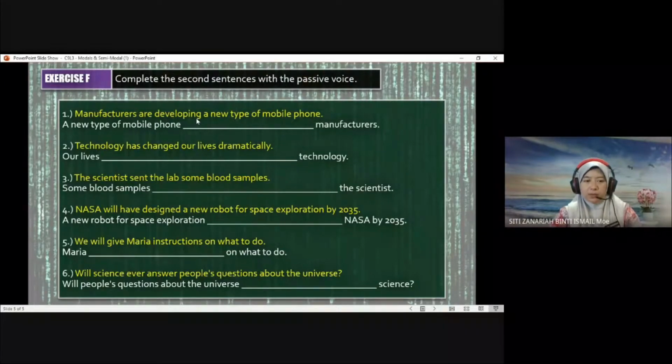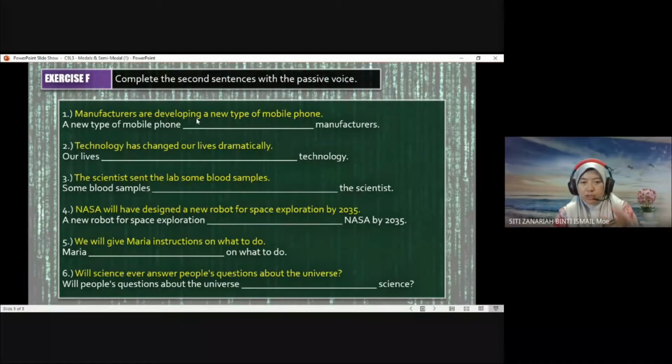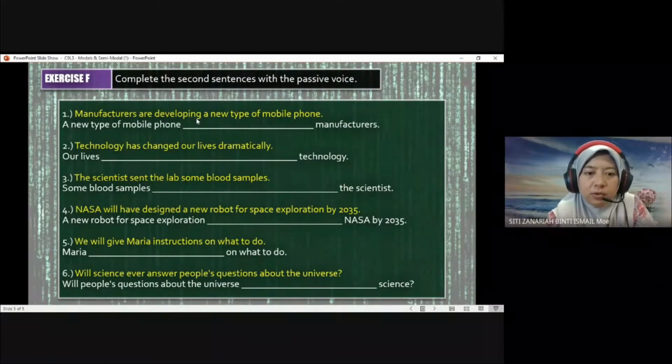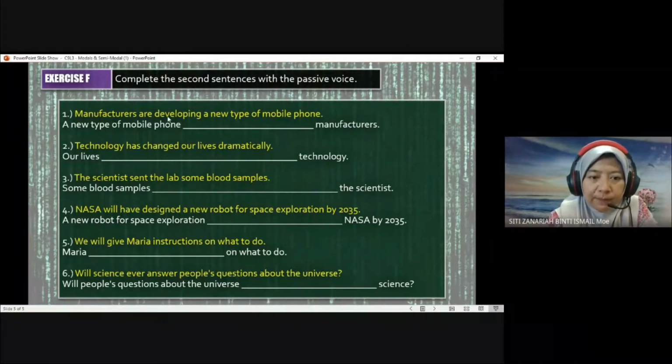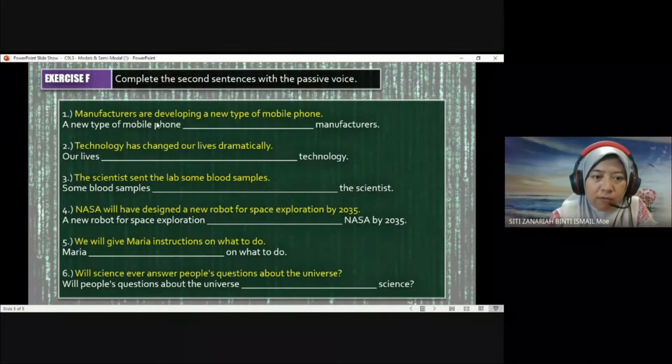So what happened to the second sentence? A new type of mobile phone. Make sure that when you change to the passive voice, the meaning of the sentence is not changed. When you change active voice to passive voice, you change the verb to past participle, and you have to decide whether it is in present, past or future.